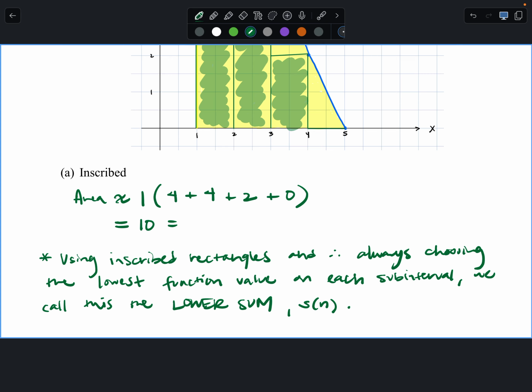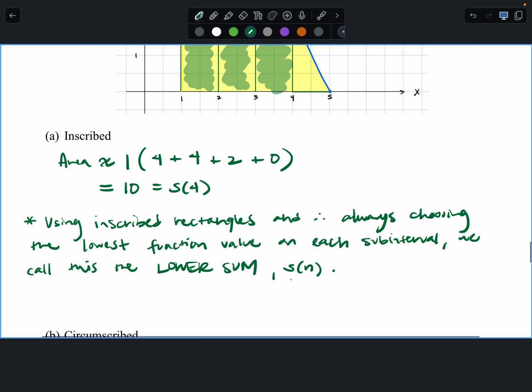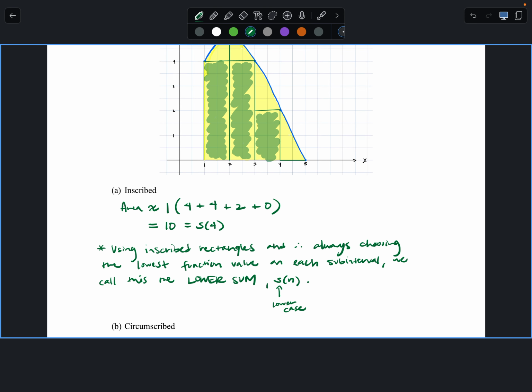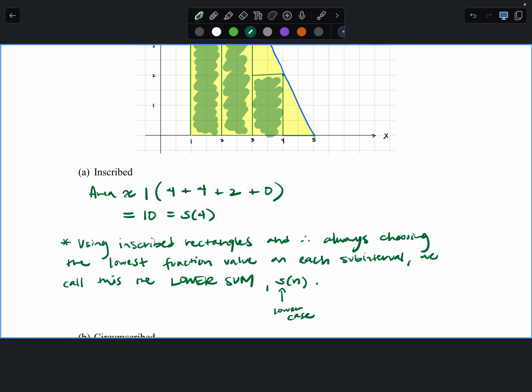So like this would actually be s of 4. And this is lowercase s. I feel like my writing's delayed. Okay, so a new term going along with inscribed rectangles is calculating the lower sum.